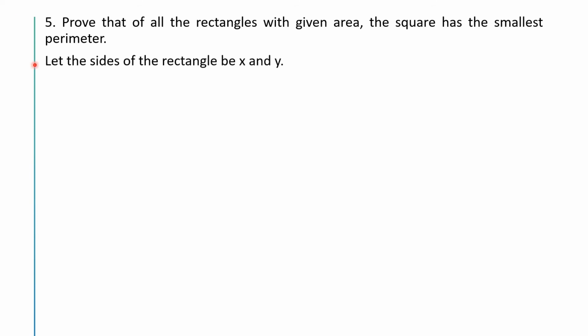So let the sides of the rectangle be x and y. So if the sides of the rectangle are x and y, we know that area of the rectangle is given by x into y, or from this we have y is equal to a by x. Here we are asked to find the rectangle with smallest perimeter.